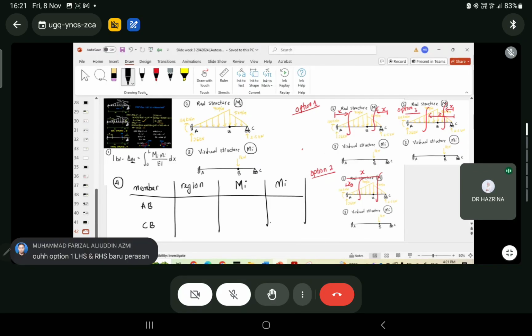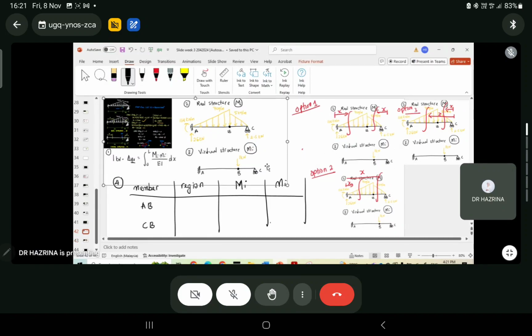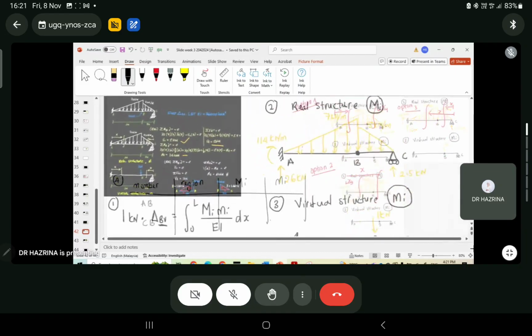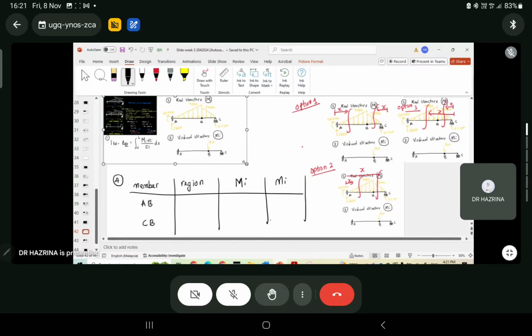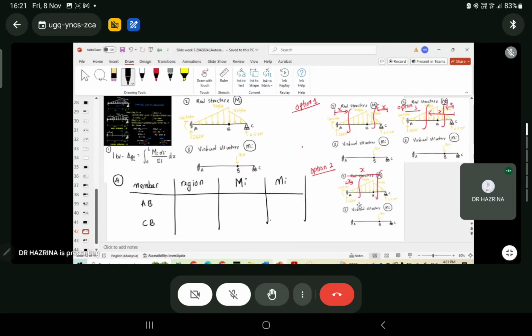And then region untuk member AB adalah berapa? Panjang dia 6 3. Okay. So, region untuk member AB, okay, X adalah lebih besar daripada 0, kurang atau sama dengan 6.